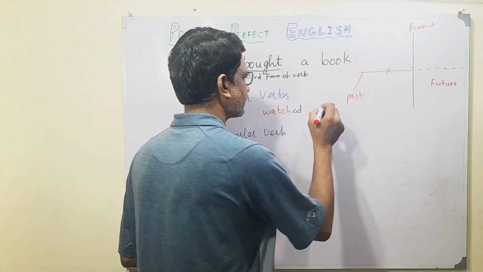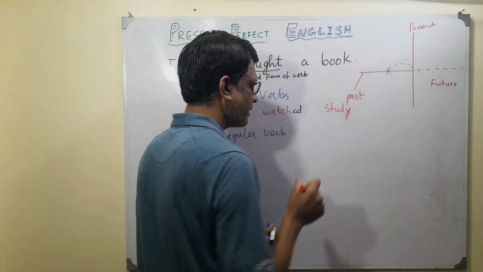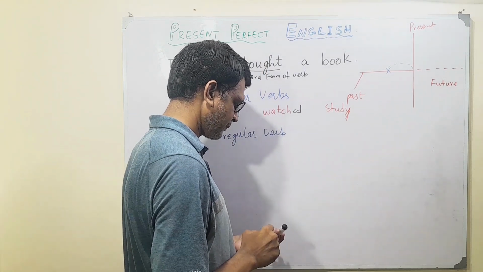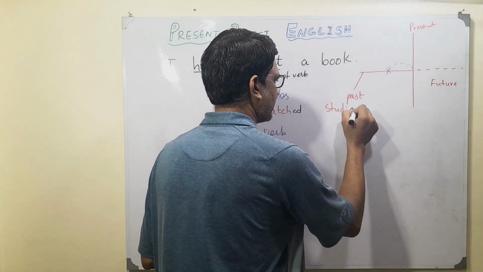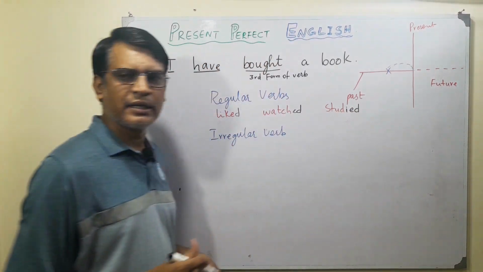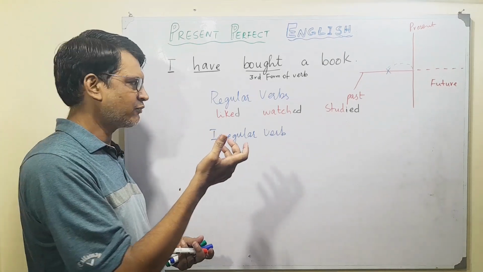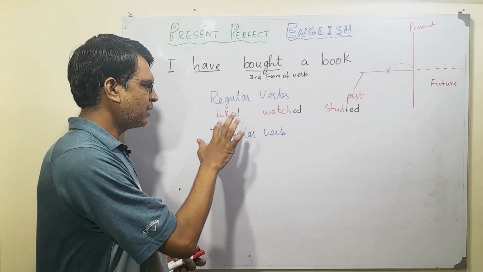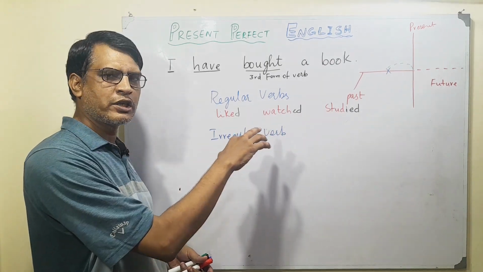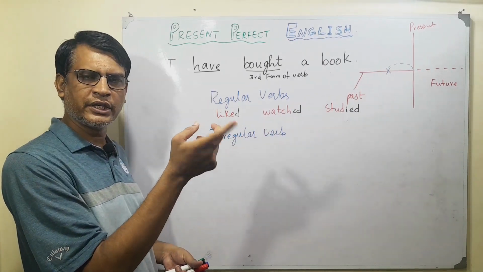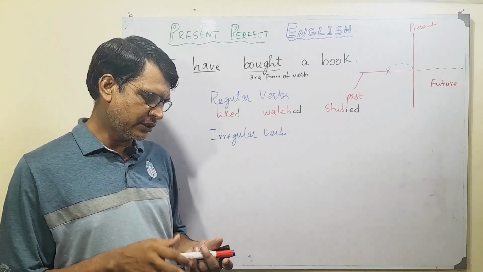Then we have study, so we drop this y, and we put ied and we make studied. This is how the regular verbs are formed. So the first form is like, the second form is liked, the third form is also liked. First form is watch, the second is watched, the third is also watched. Then study is first form, studied and studied are second and third form.